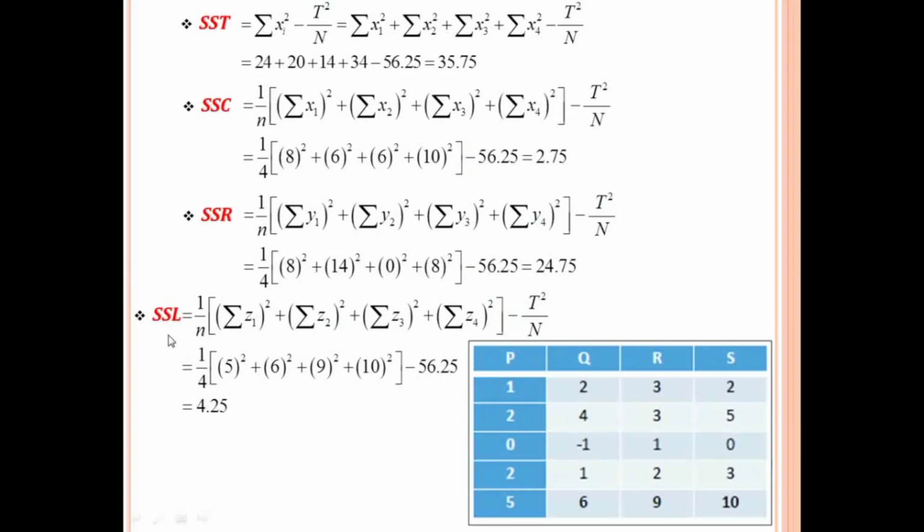So we get the sum of squares between letters equal to 4.25. Next we find SSE, the sum of squares of error. How to find error? Subtract from the total value the column wise, row wise, and letter wise values. So the sum of squares of error equals 4.